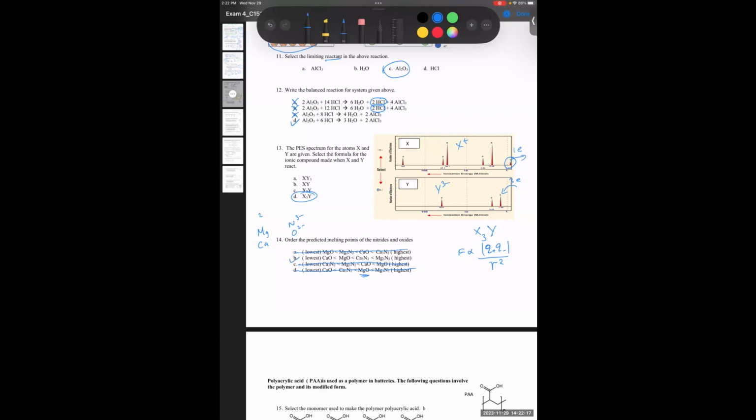Now we can make sense of this as well. Between magnesium nitride and calcium nitride, magnesium is smaller than calcium, because magnesium is one row above calcium and has fewer shells. Fewer shells means smaller. Therefore, it's going to have stronger attractive interactions between the ions, because they can get closer to each other.